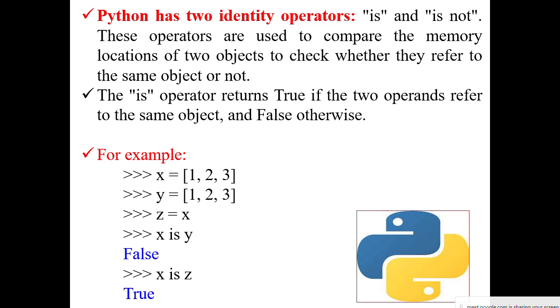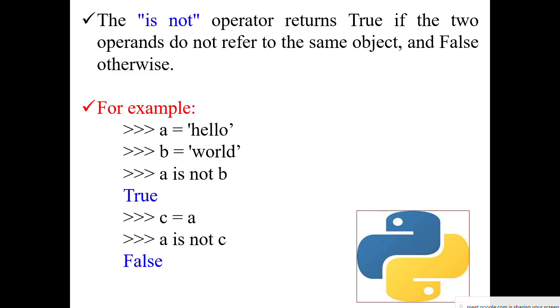For example, x = [1, 2, 3], y = [1, 2, 3], z = x. x is y is False. x is z is True. Then the is not operator returns True if the two operands do not refer to the same object and False otherwise. In the example, a = "hello", b = "world", a is not b is True. c = a, a is not c is False.